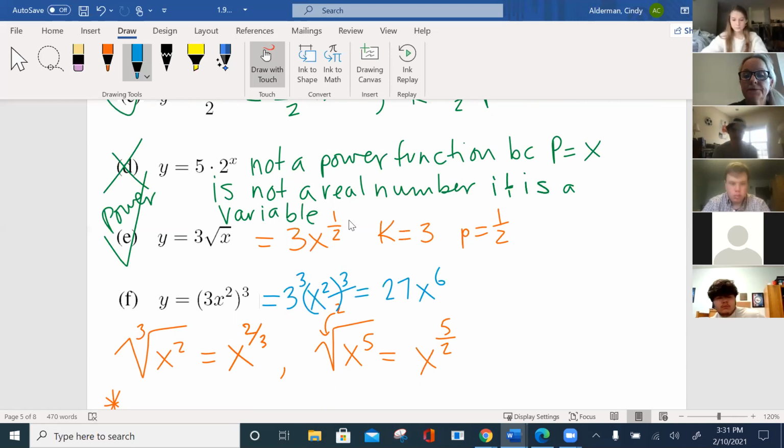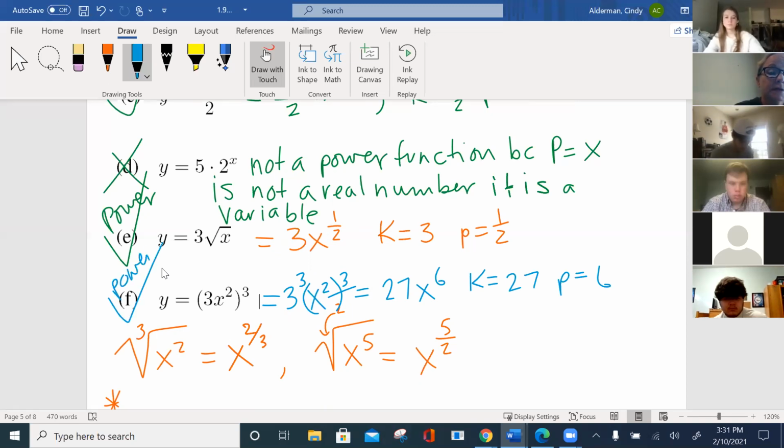So what's your k value? 27. And what's your p value? 6. Yep. Okay, so you'll see a good number of problems like that to get you used to figuring out if something is a power function or not. Of course, this is as well.